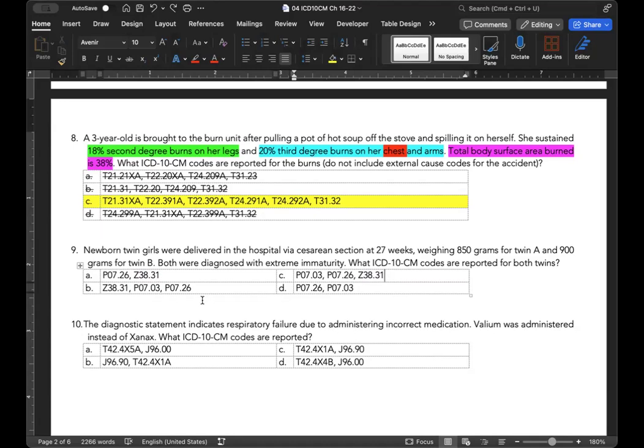Outcome of delivery is always sequenced first on the newborn record. If it's subsequent visits, the second, third, fourth visits for the newborn, we're not going to include Z38.31 because this only goes on the very first visit.